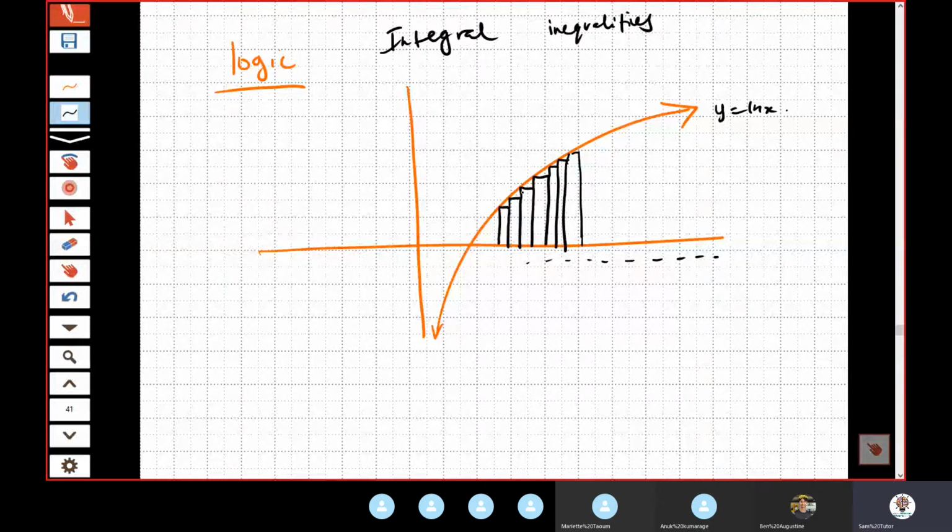If I was to sum through these little areas, this is lower than the exact curve, the area from here to here of the exact curve. Does that make sense? You guys? Yes? No? Confused?